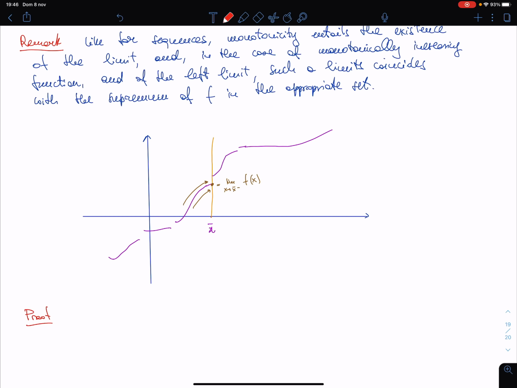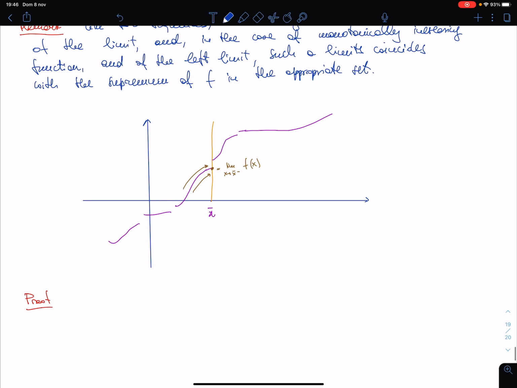So take x bar in E such that for every W, which is a left neighborhood of x bar, W intersection E minus x bar is not empty. So sort of what I called left accumulation point.